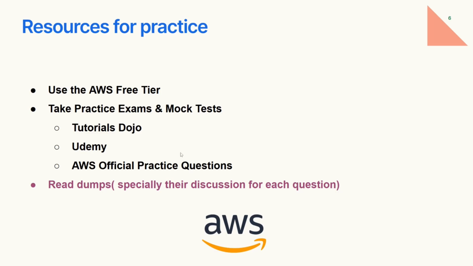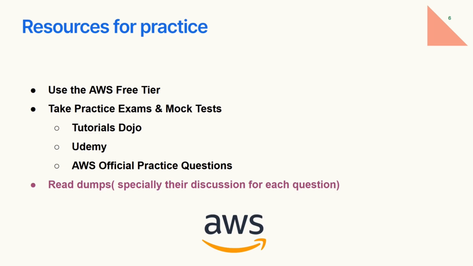But apart from that, I would highly recommend reading dumps, but not just memorizing the answers, especially reading the discussion for each question, like why that option is correct and why the others are not. Users like us have answered and discussed in the discussion section why it is important and why they have marked it as correct or not.